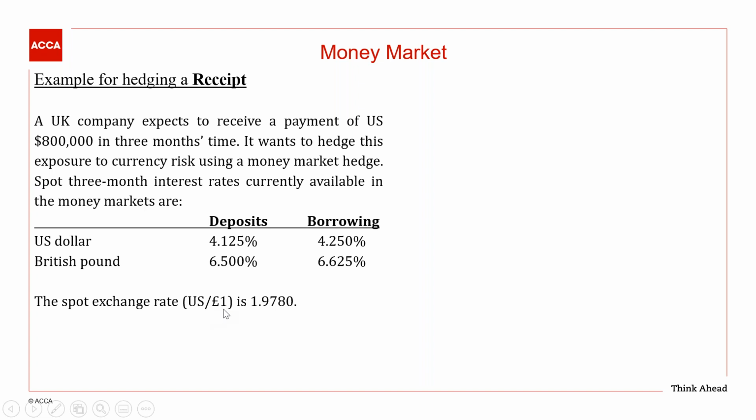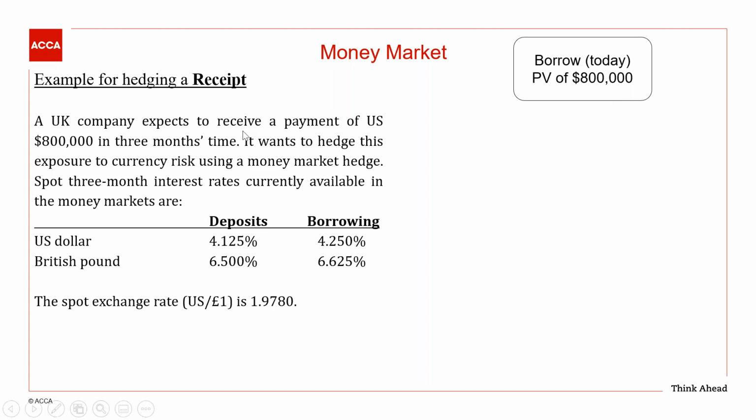Now, how money market hedging works. First of all, in case of a receipt, the company will borrow foreign currency, but it will borrow the present value of the foreign currency. And I will tell you in a while why.